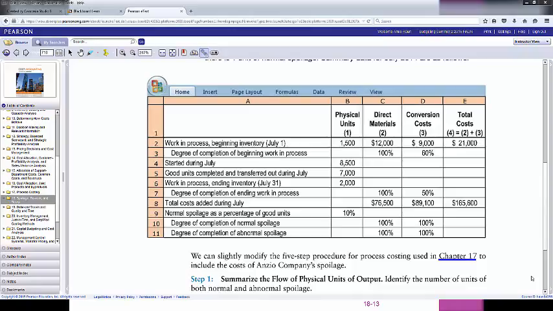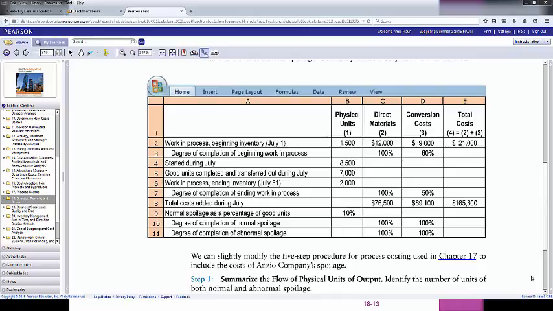We only had 7,000 units that were good and 2,000 left in work in process, which means that's 9,000 total. If you take that 9,000 and subtract it from the 10,000, that means we've got 1,000 units that we have a problem with. And those 1,000 units are the units that are spoiled.